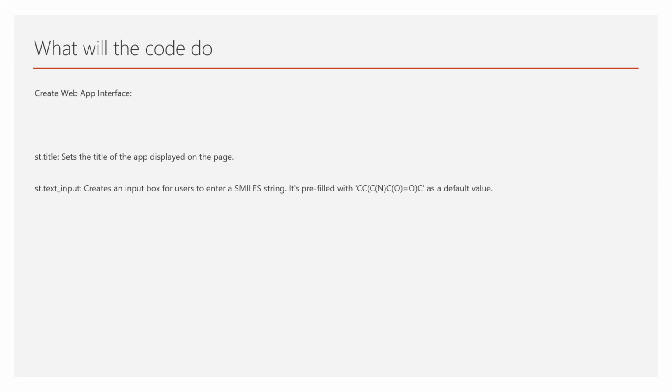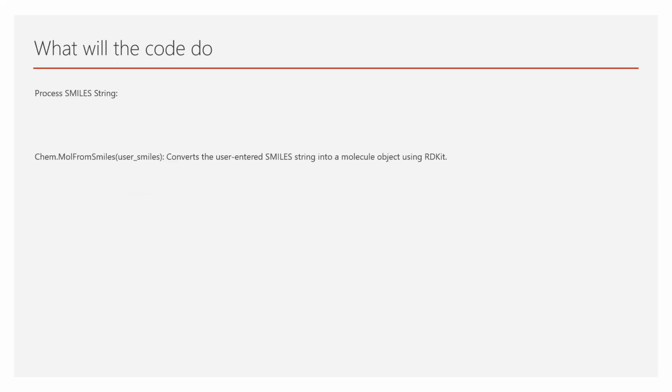You can change it. We'll see how to change it, and we'll use some complex SMILES for our usage. Then we'll process the SMILES string. Using this code pattern from RDKit, Chem.MolFromSmiles converts the user-entered SMILES string into a molecular object using RDKit.